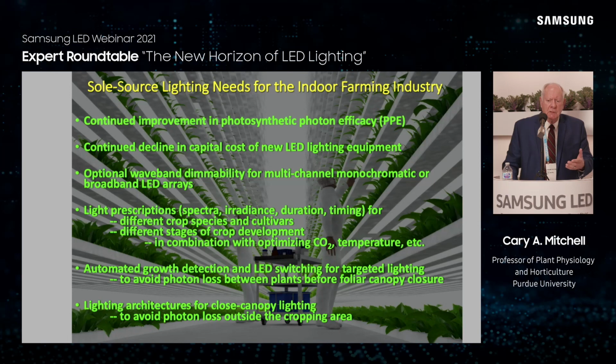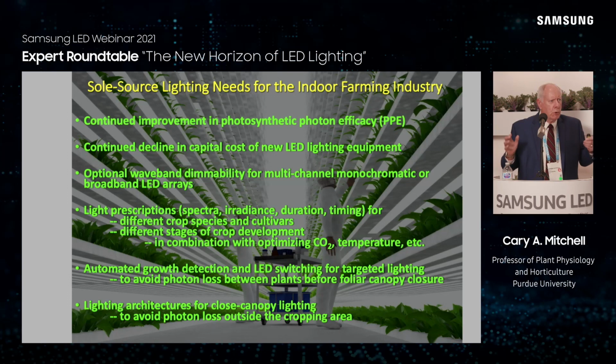Light prescriptions, including spectrum, irradiance, duration, and timing for different crop species, for different cultivars within a species. And in combination, of course, with optimizing environments of the other cardinal factors. As well as automated growth detection and LED switching for targeted lighting.